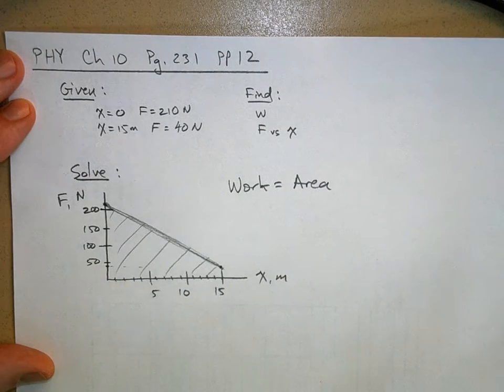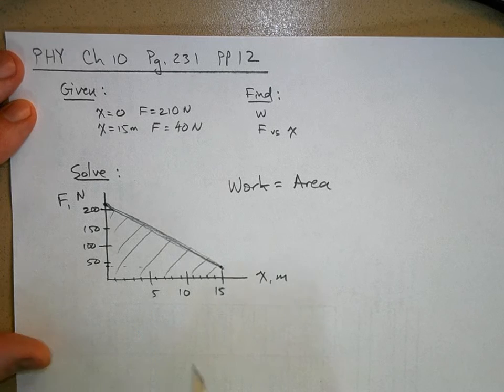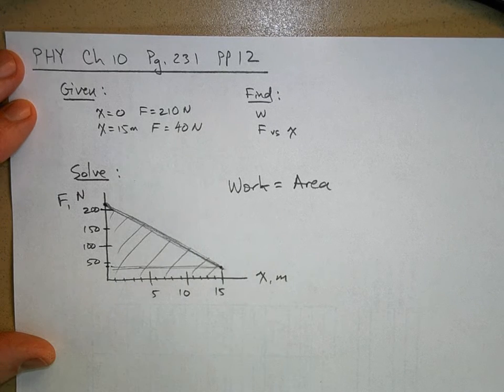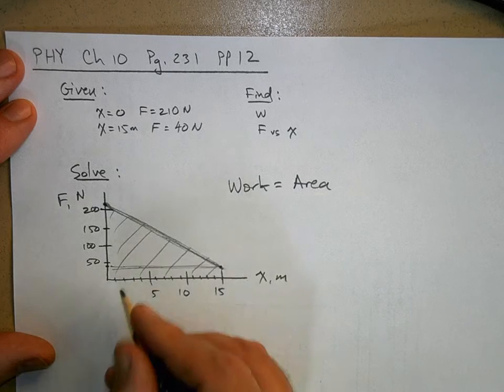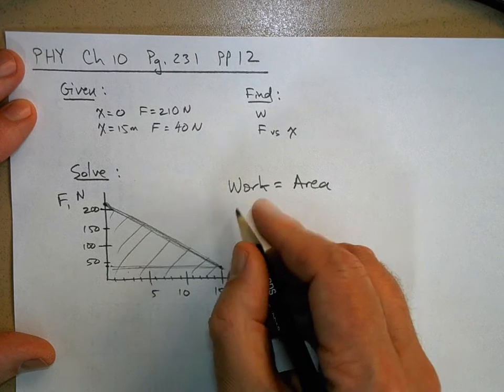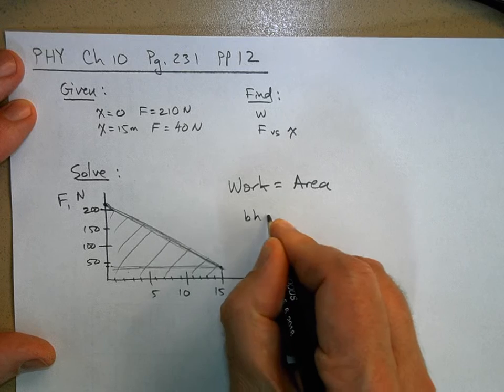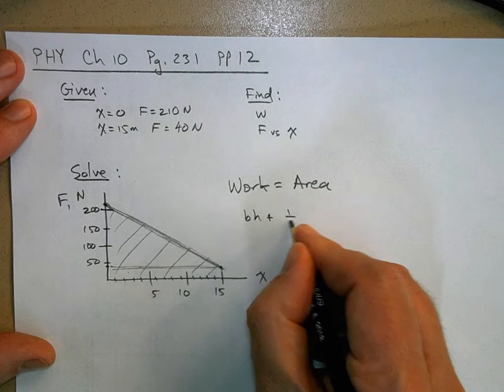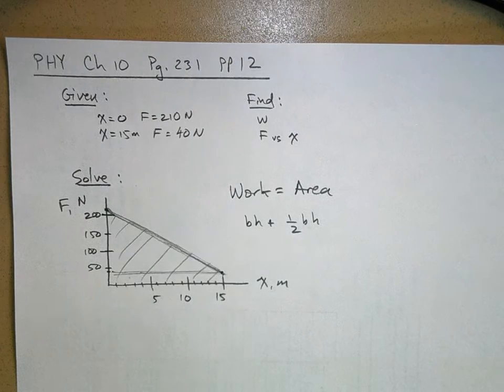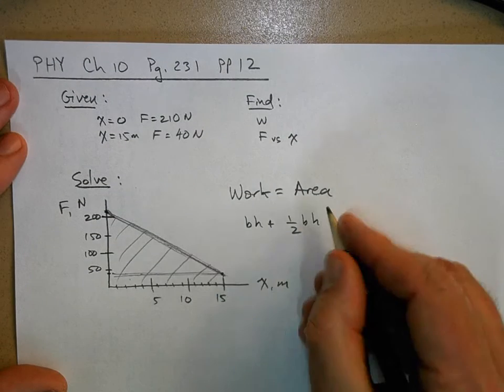Now there's a couple ways of figuring out that area. I'm going to do it this way. I'm going to break it up into a triangle and a rectangle. So let's figure out what the rectangle is. That's base times height, and then we're going to add to it the triangle above it, 1/2 base times height for the triangle, different heights though.